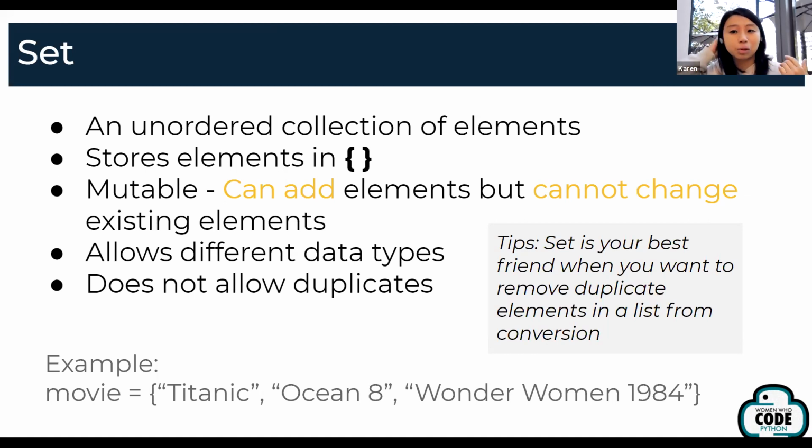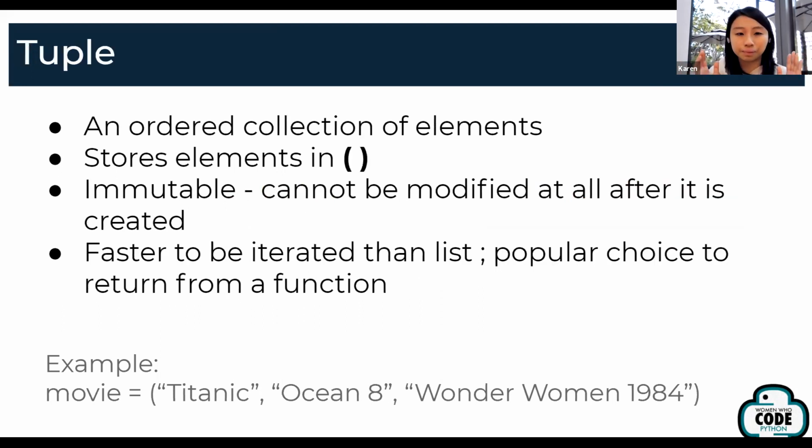That's the difference between mutable and immutable. Mutable is very flexible: you can edit the list and change it anytime. Tuple is the signature of immutable. You can't touch anything.